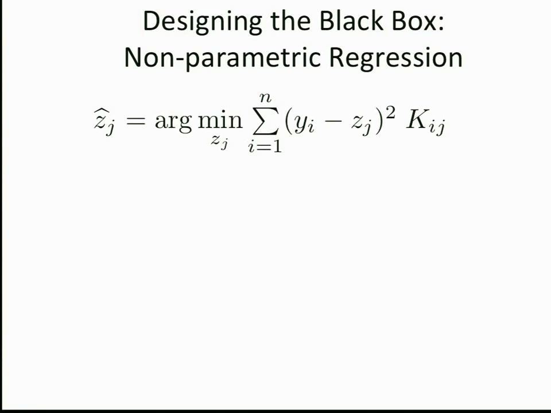I'm writing the least squares cost with a slight twist, and that is the least squares cost includes in it a weight function, which I'm calling k_ij. And this weight function is indexed by both the input and the output pixels. And this weight function is usually some symmetric function. I'll talk in a little bit about how we might design the symmetric function.